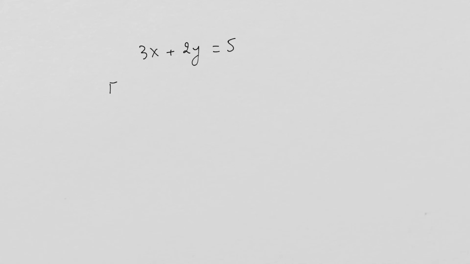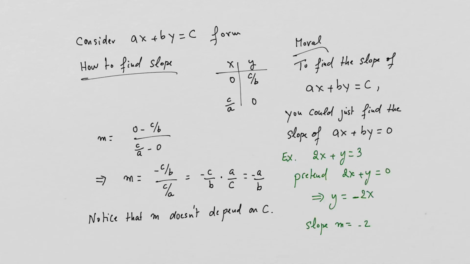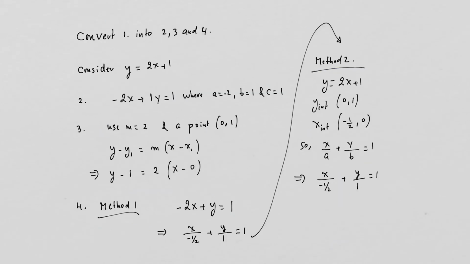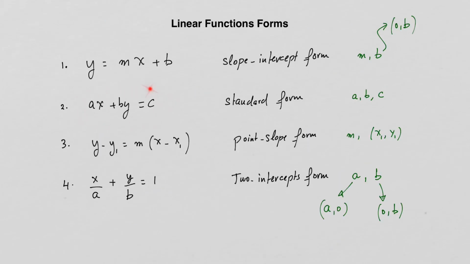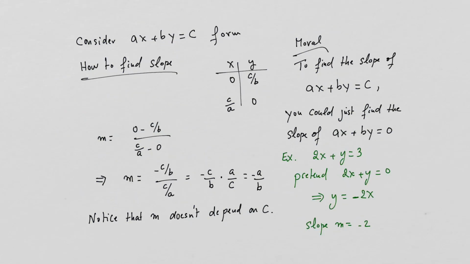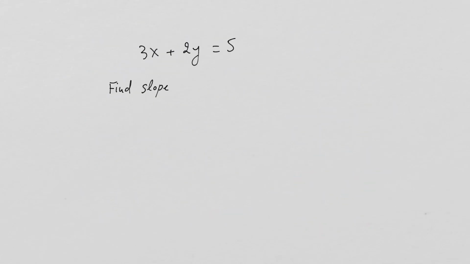If somebody says find the slope from this form, you could literally ignore the c. You could pretend c is any number you want. And of course, our favorite number, the laziest number, is 0. So if somebody says find the slope of this equation, I can actually find the slope of this equation.